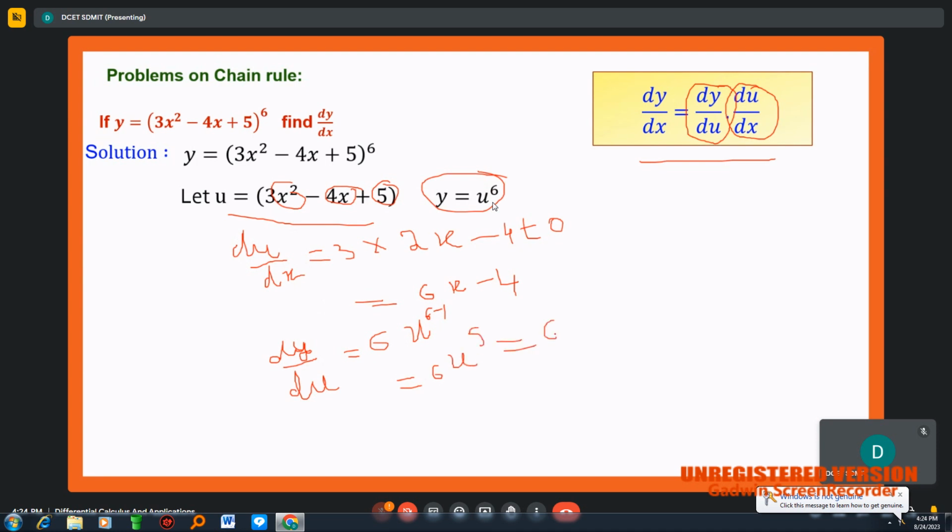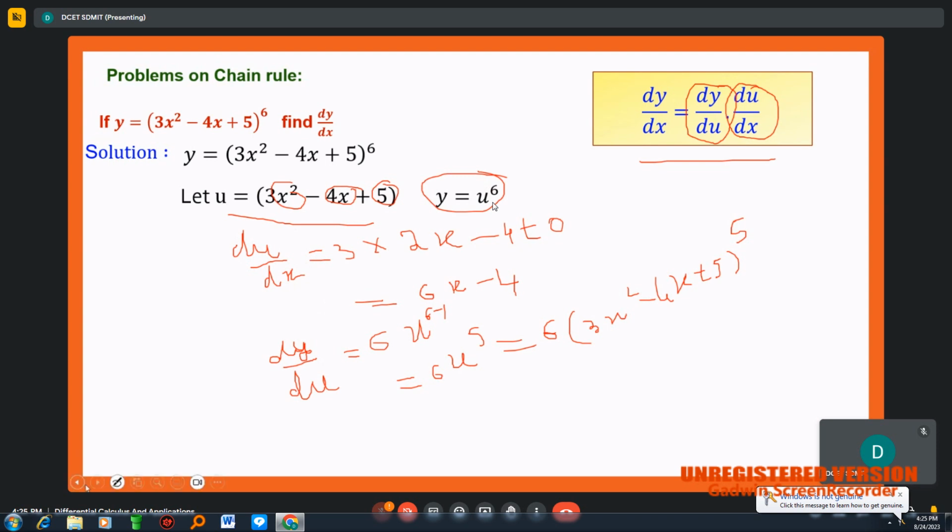This is nothing but 6 into (3x² − 4x + 5) to the power of 5. That is dy/du.